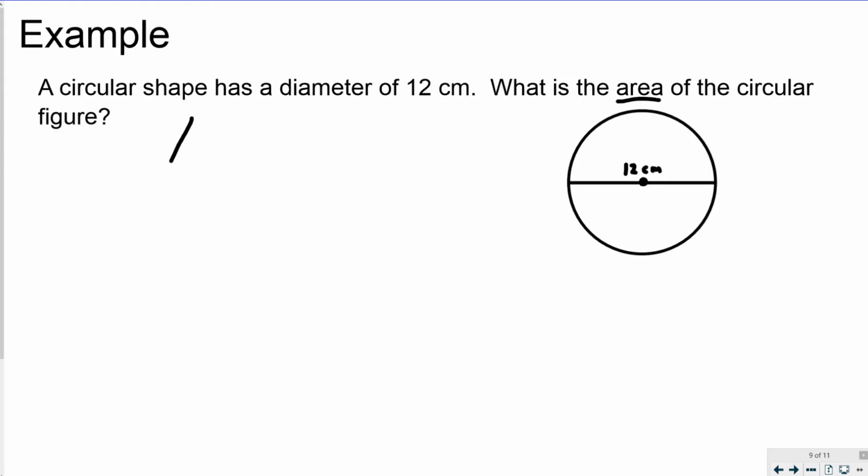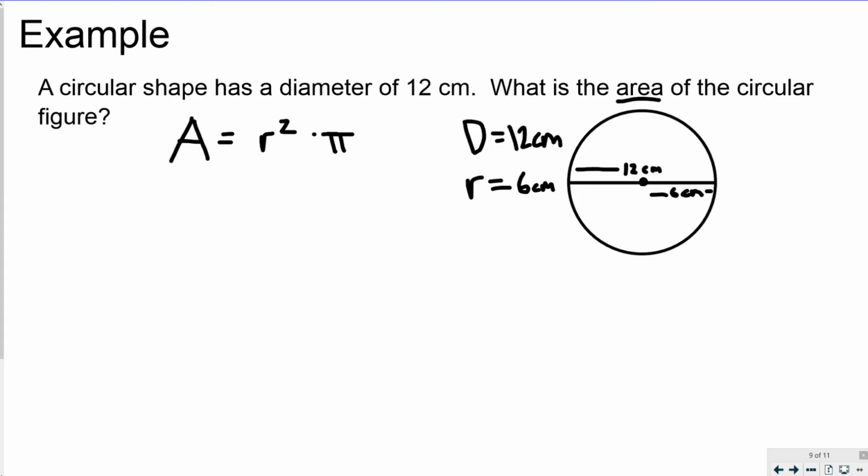So I do know that the area of a circle is equal to the radius squared times pi. But all I know is that the diameter equals 12 centimeters. Well, if the diameter is 12 centimeters, that means that the radius is going to be 6 centimeters, since half of the 12 would give me 6 centimeters from here to here, as opposed to the 12 centimeters going across this diameter.